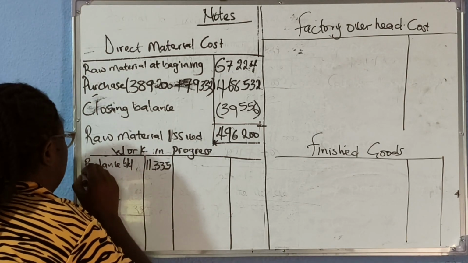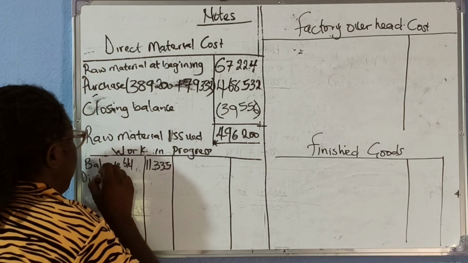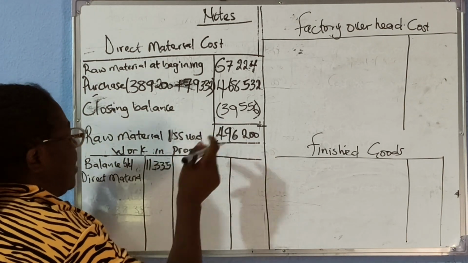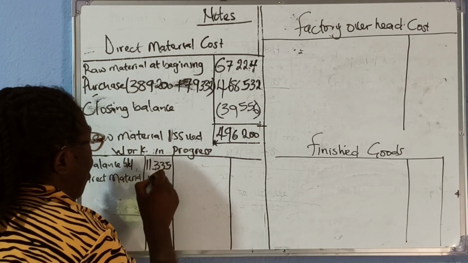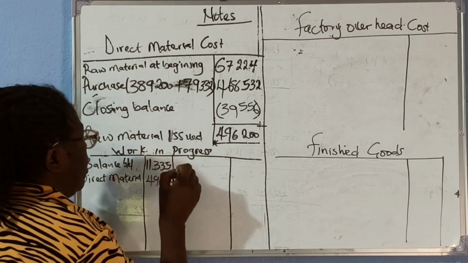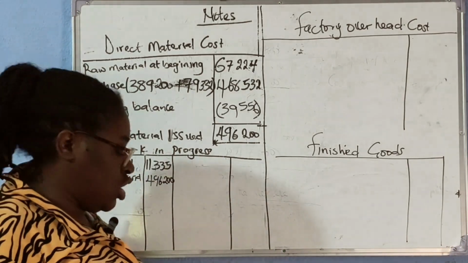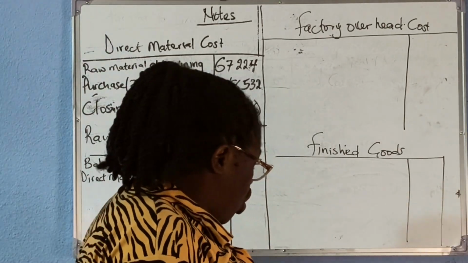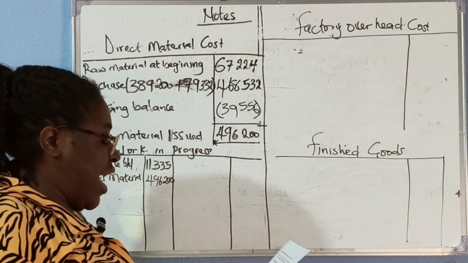So I write it as direct material, and I transfer the amount, 496,200.